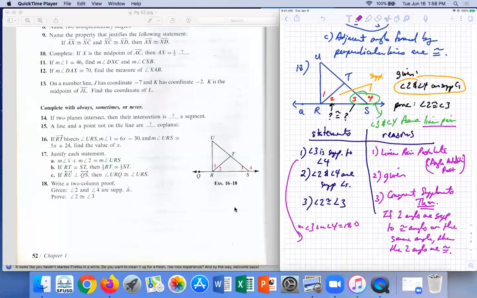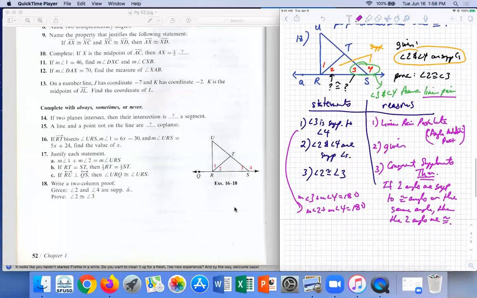Step 2, since you were given they're supplementary, definition of supplementary again, measure angle 2 plus measure angle 4 is equal to 180, right? Since they're both equal to 180, they're equal to each other. So you can use substitution or the transitive property.